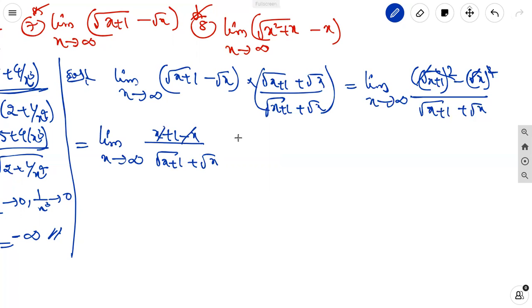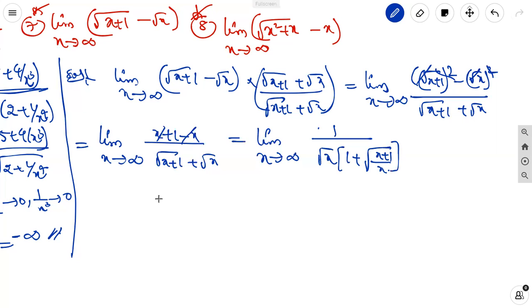The x cancels, it is equal to limit x tends to infinity 1 by root x taking common, 1 plus root of x plus 1 by x, that is equal to limit x tends to infinity 1 by root x into 1 plus under root of 1 plus 1 by x.